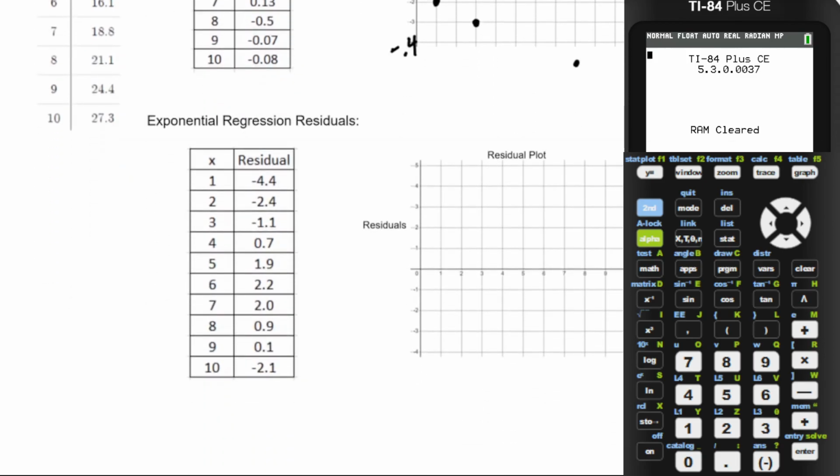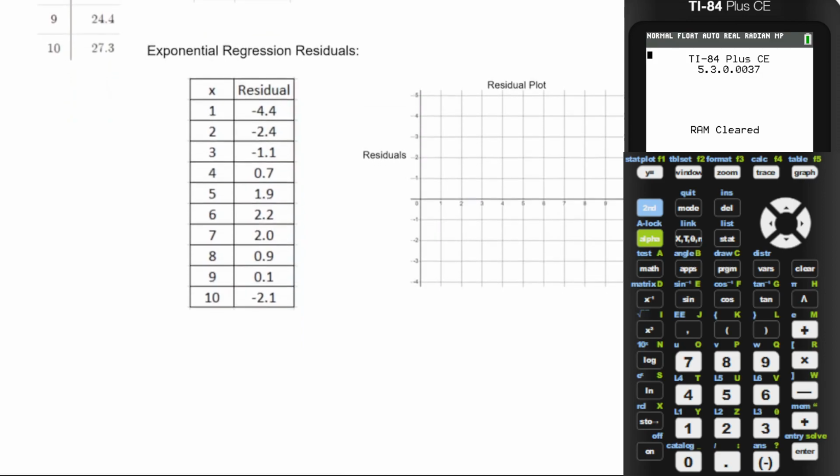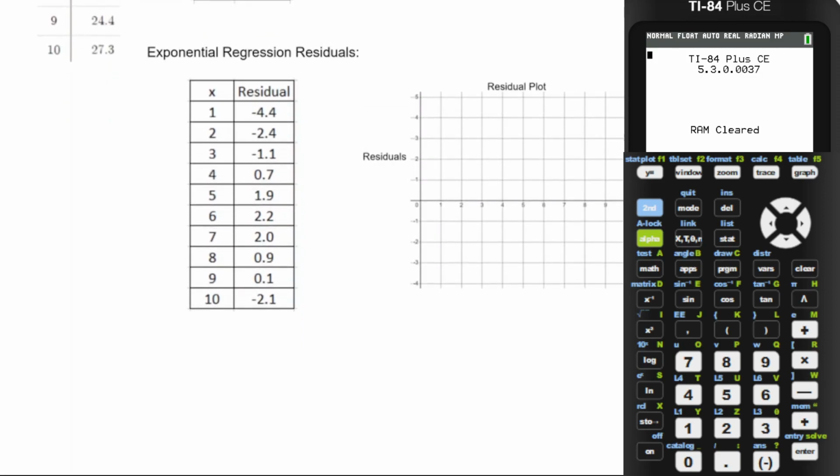I know that whoever made this homework ran the regression, and actually this is an actual model, so we're going to see a real pattern here, and not just something we made up in a table. So 1 and negative 4.4. Okay. Scale of these is a little frustrating. Negative 2.4, negative 1.1, positive 0.7.